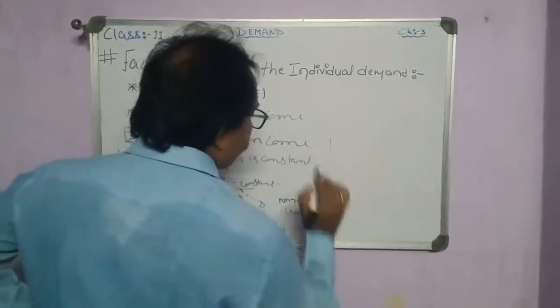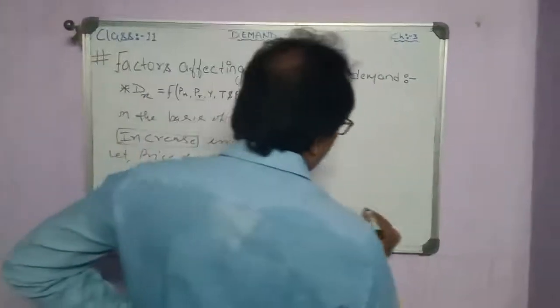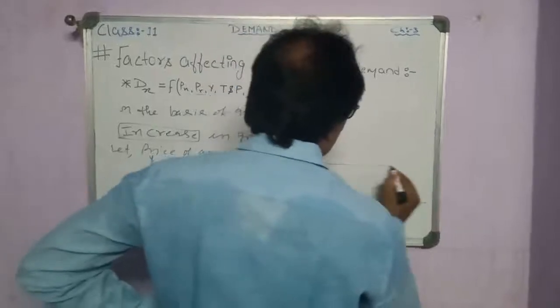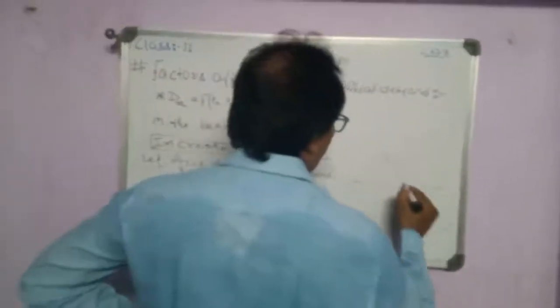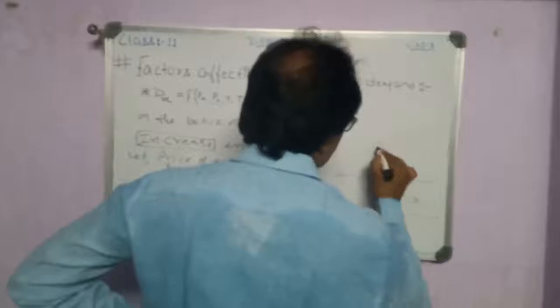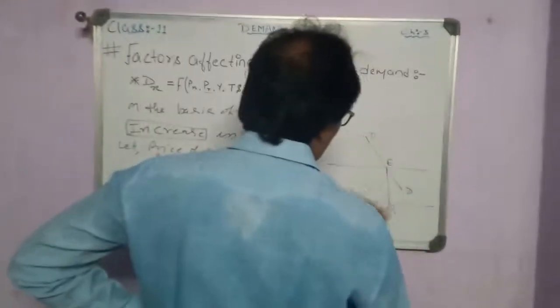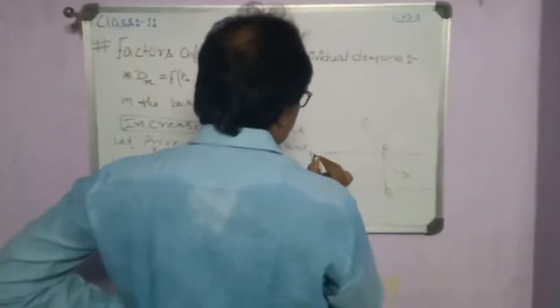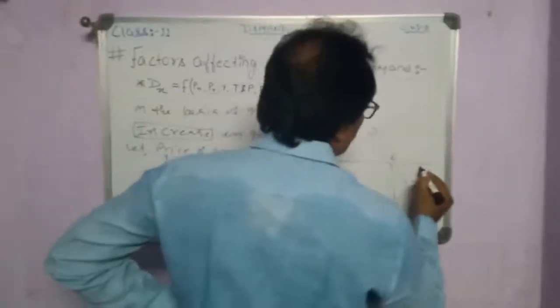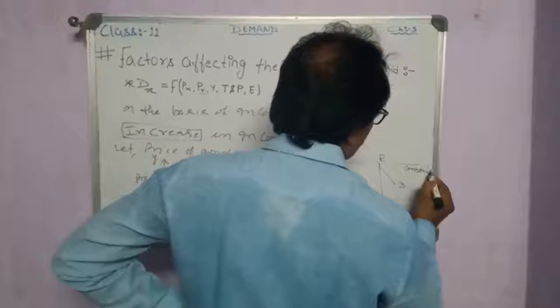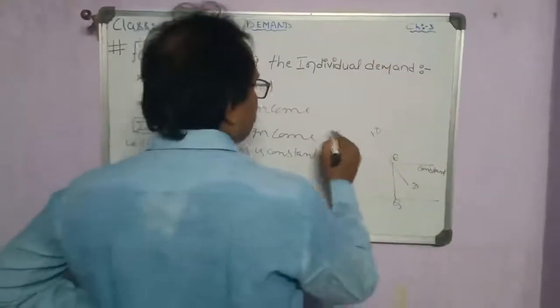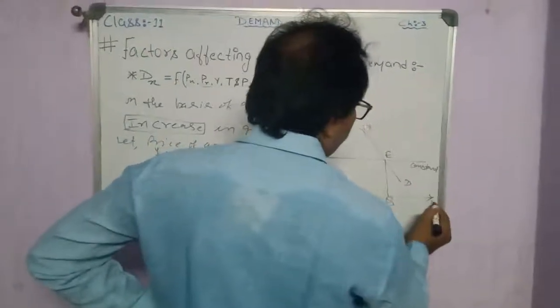But in case of inferior goods, what will happen? Look here, the price is constant, the initial demand was dd, which intersects at point E, so the quantity is determined, OQ. It is the constant price. This is the y-axis, this is the x-axis.